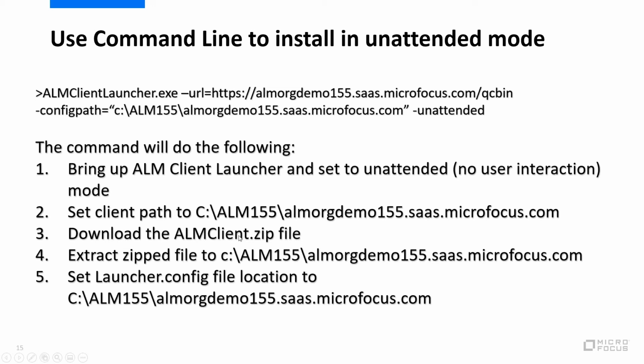You would then download the client zip file to your local machine, extract the files to your folder directory, and then set the launcher.config file to the same path. So this is done through the command line, similar to what we did earlier using the GUI. So you have two options. You can send the user the executables and then provide them with the command line option to run on their machine.